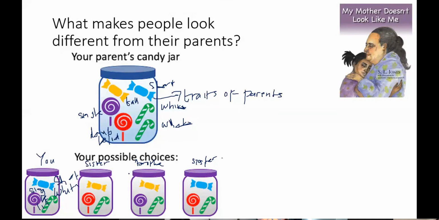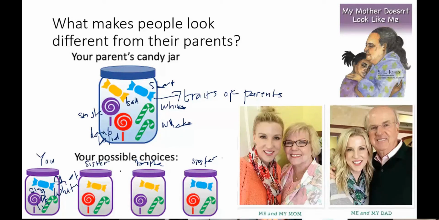Okay? Yeah, it's because the combinations of traits from the parents have different possible choices. For example, in this picture, the facial structure is different from her mother. And from this picture also, that's why.